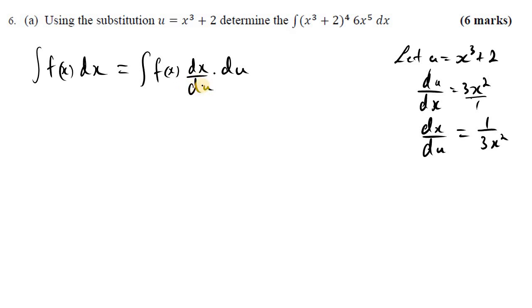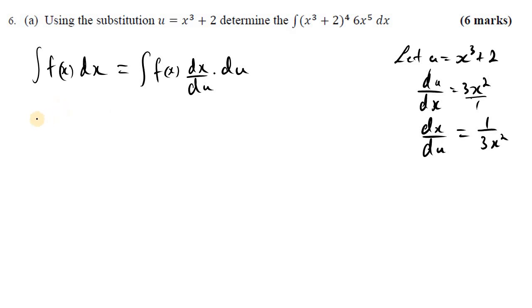Alright, now if you look at this, the du will cancel du, and so what we have is the integral of f of x with respect to x. So by putting du here and here, it's really saying the same thing. So now let's keep this in mind as we find the integral of this expression here.